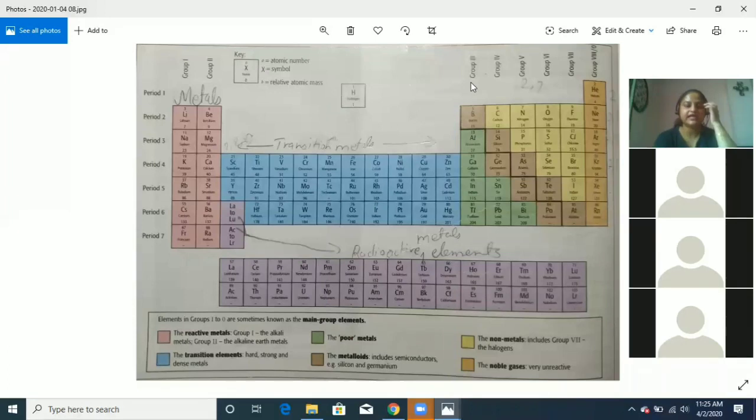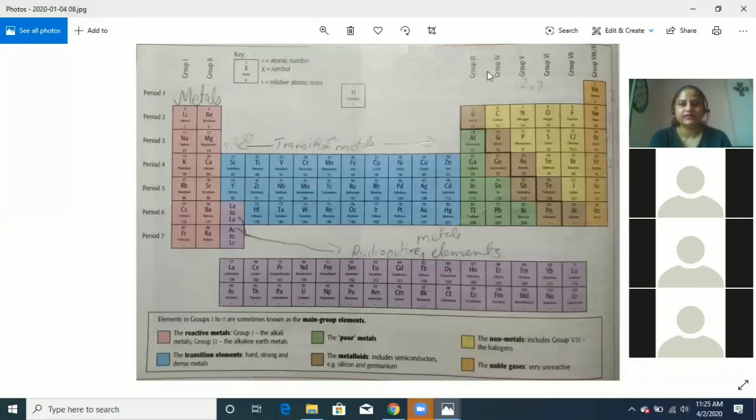When we arrange the elements in increasing order of atomic number, we arrange them not only by atomic number, but also according to their chemical and physical properties. Hydrogen is kept in the first position, then helium, then the third one lithium, then beryllium, boron, arranged till argon, then potassium.